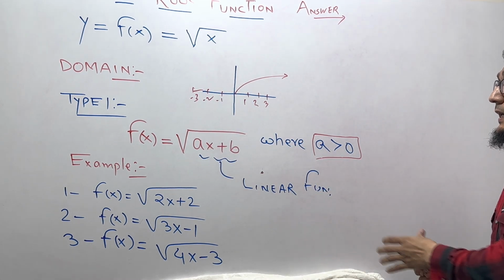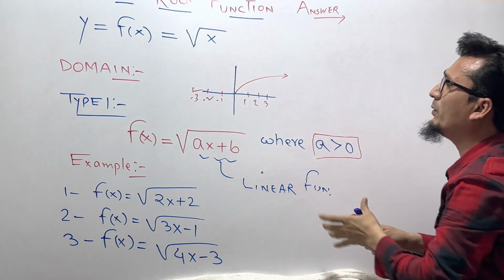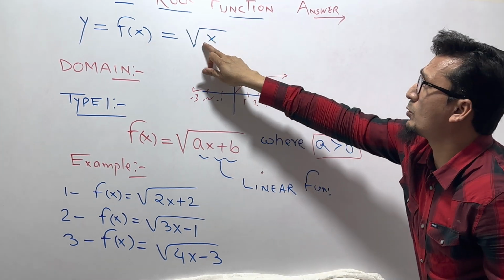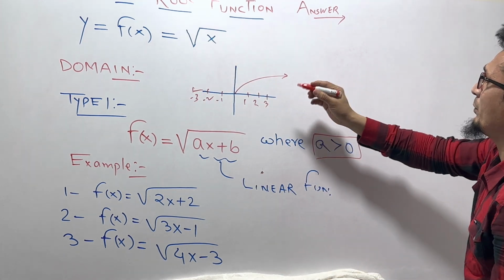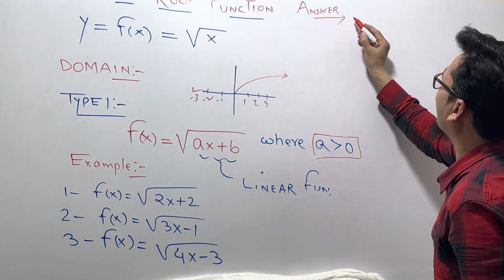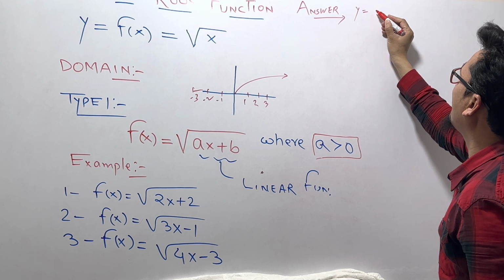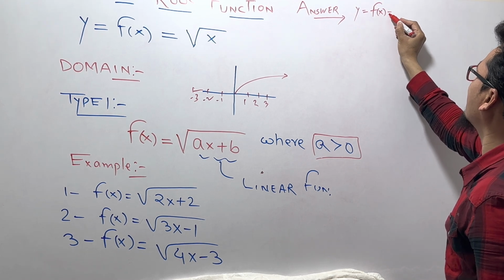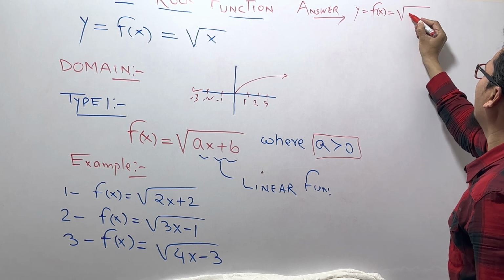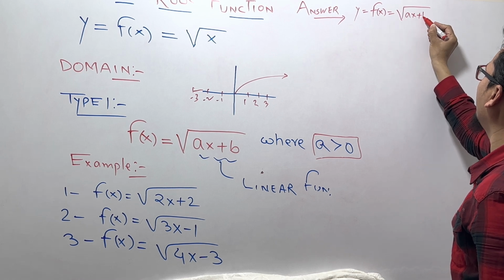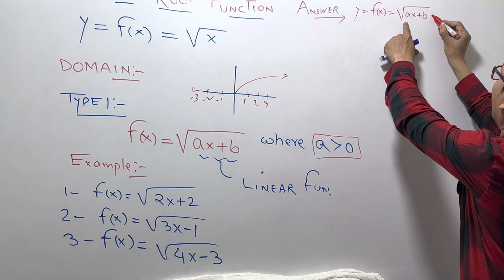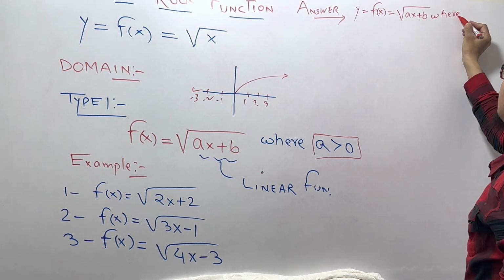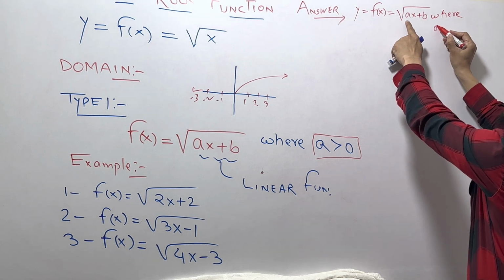So in this case, whenever you have under root x and the slope is positive in type 1, for example, if you have y is equal to f(x), which is under root of ax plus b, right? And where this is very important, a is greater than 0.